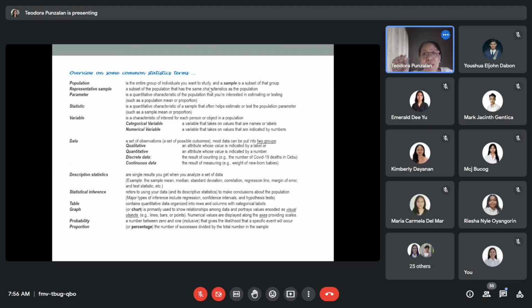Again, you have a population and you want to compute, say, the average of a certain variable in your population. That computation derived from your population data is what we call a parameter. But that computation derived from a sample is called a statistic.